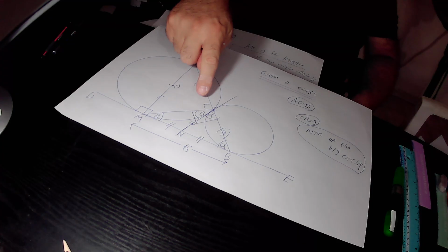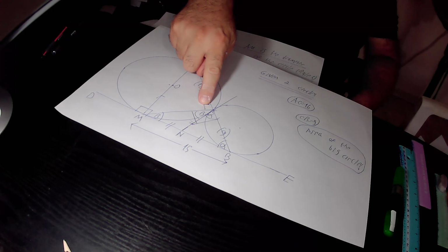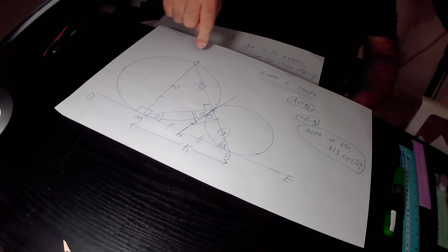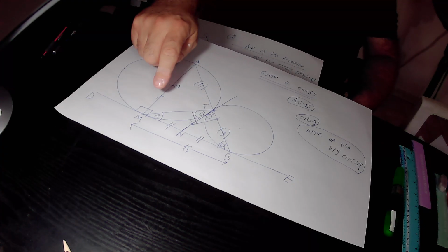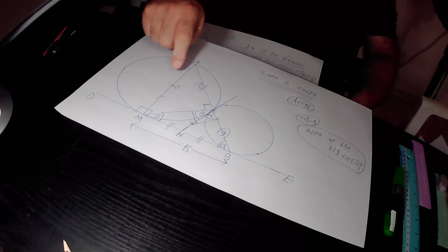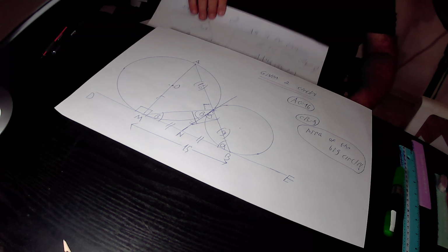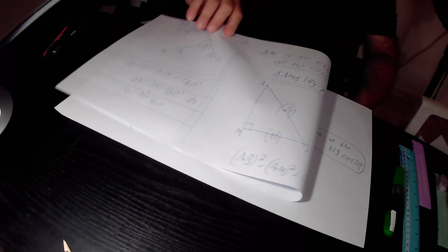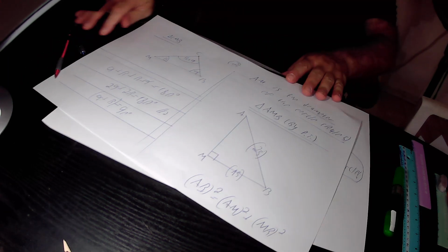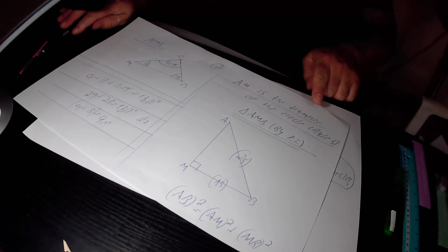So this peripheral angle ACM, that is a right angle, must subtend on the diameter of the circle. So peripheral angle ACM subtends on AM, and therefore, according to rule 5, AM must be the diameter of the circle. Okay, again, according to rule 5, AM is the diameter of the circle.